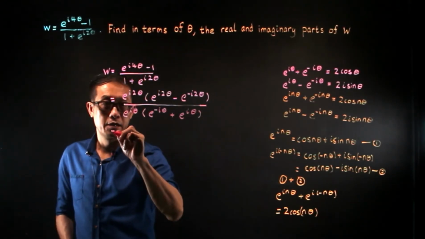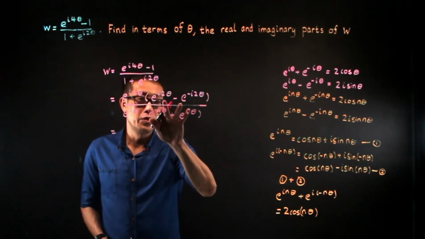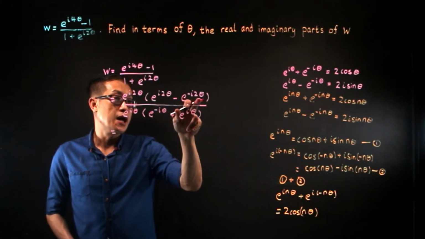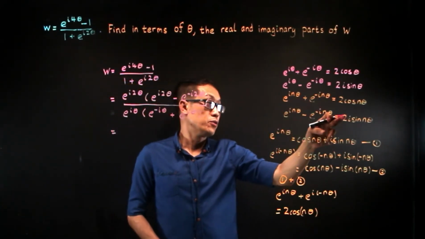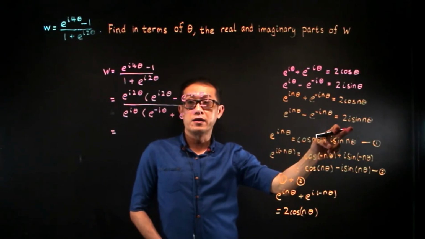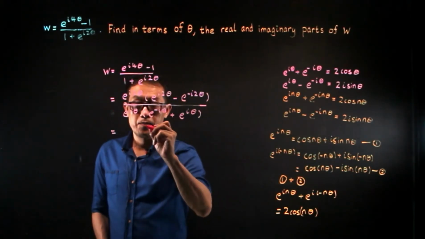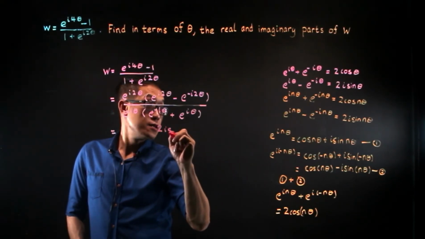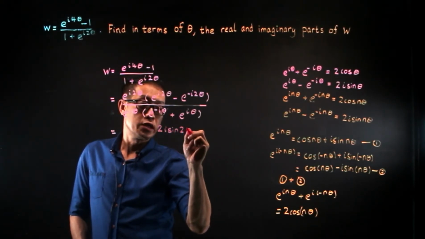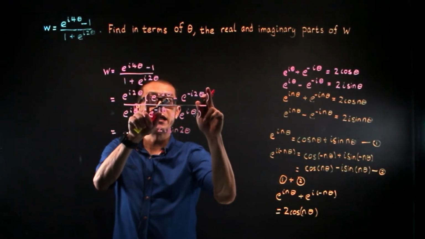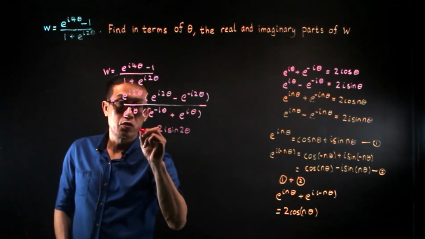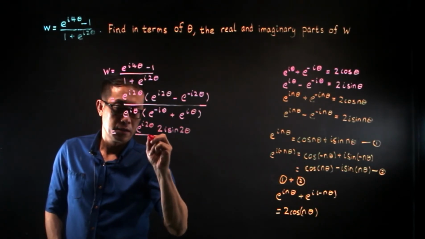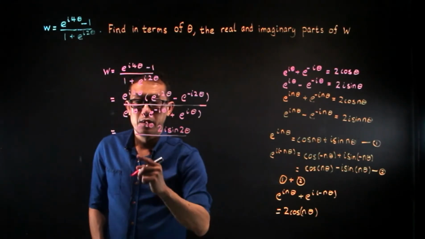Now you look at this. What will you get for this, e^(i2θ) minus e^(-i2θ)? Look at this formula. I will get 2i sin 2θ for this expression here, and e^(i2θ) will remain.